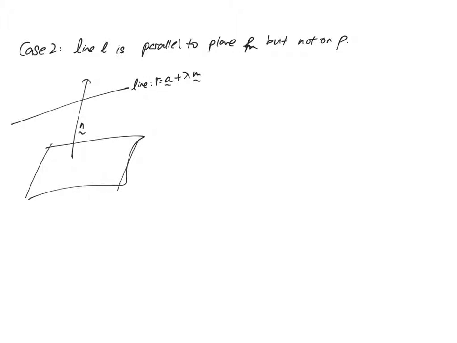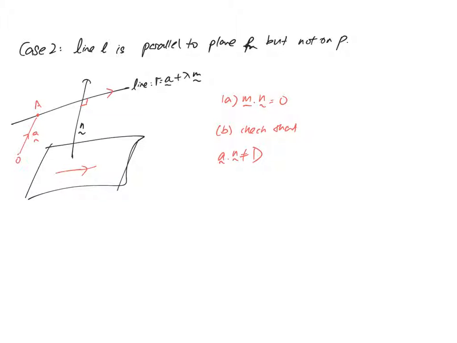Of course, if they are parallel to the plane, then you can say straight away that m dot n is equal to 0. And you check the point A, marked by position vector a. Check that a dot n is not equal to d.